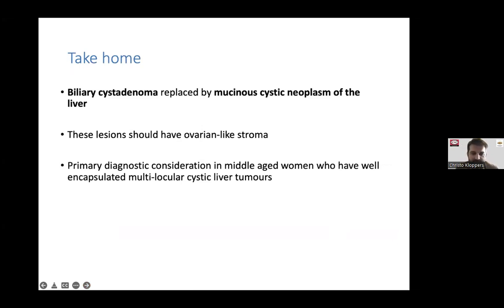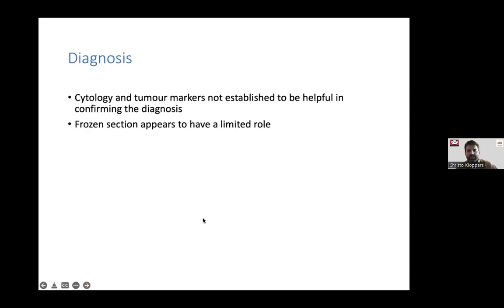They should have ovarian-like stroma, and it should be your primary diagnostic consideration in middle-aged women who have a well-encapsulated multilocular cystic liver lesion. It's rare, but you need to consider them, otherwise you will miss them. The diagnosis is extremely tricky to confirm preoperatively, so that's why you must have a high index of suspicion.